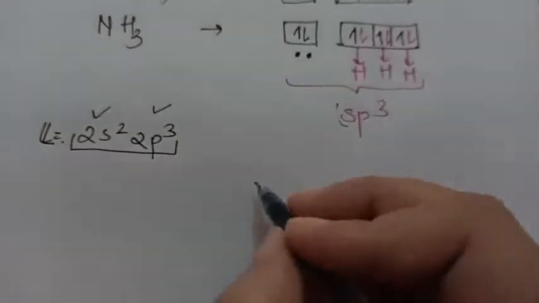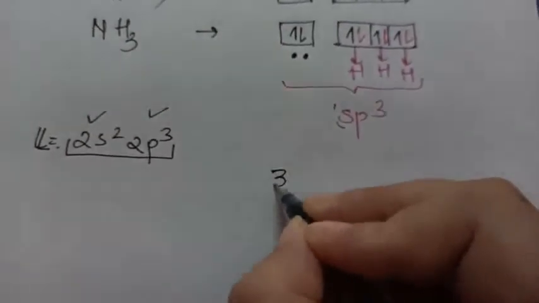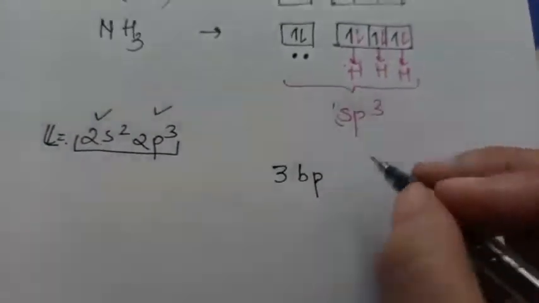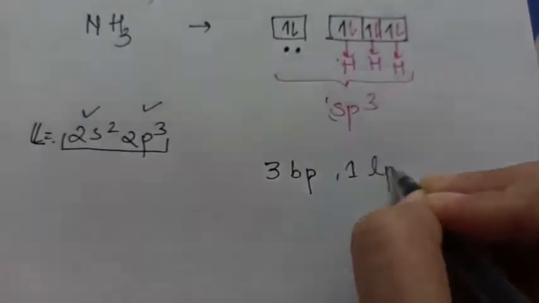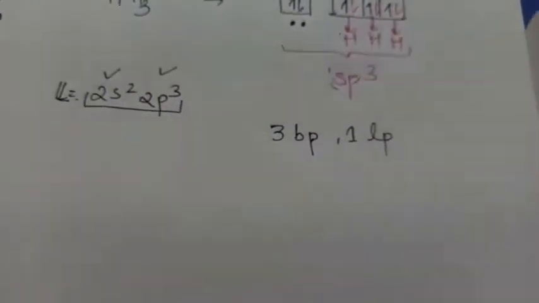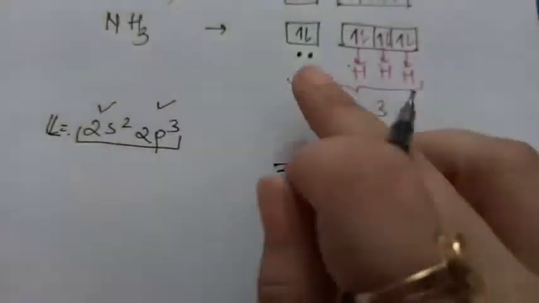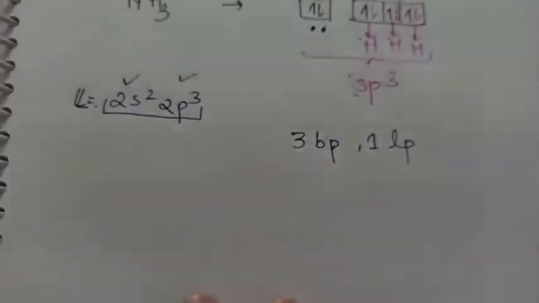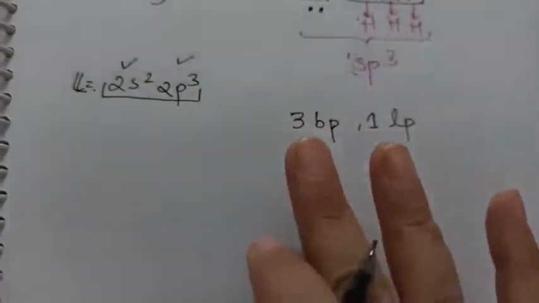So here, the ammonia molecule has 3 bond pairs, 1, 2, 3 bond pairs and 1 lone pair. But if you compare it with methane, it had all the 4 bond pairs. Here also, the fourth hydrogen bond used to be formed. So this is what is called as having bond pairs and lone pairs both.